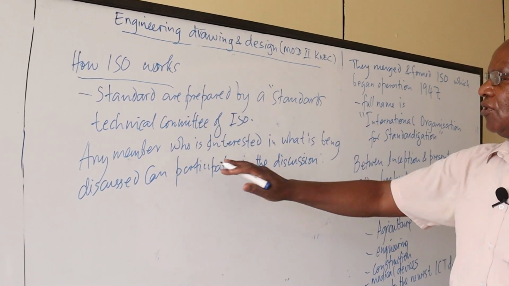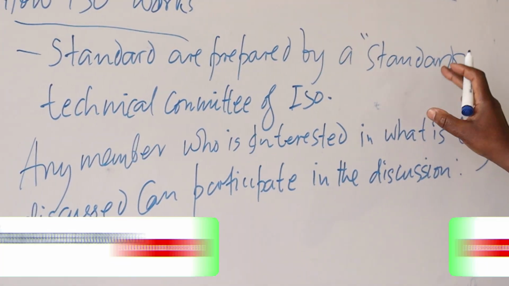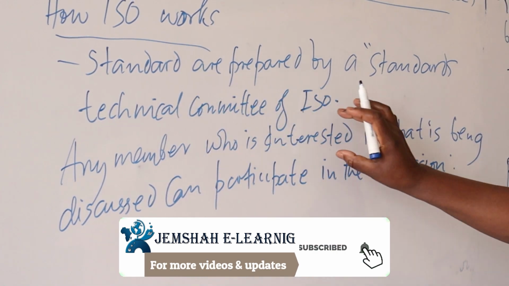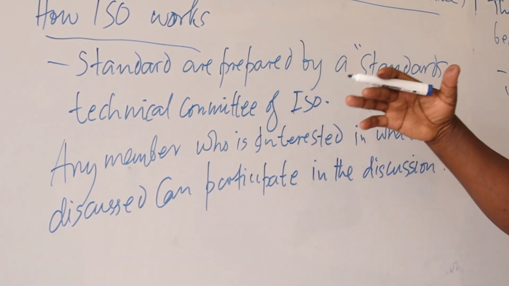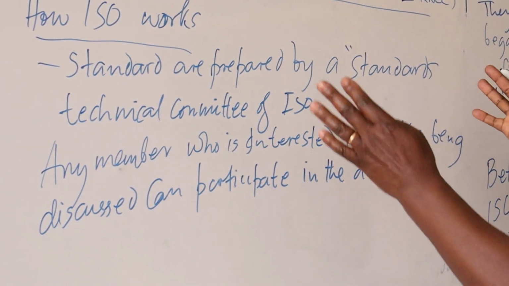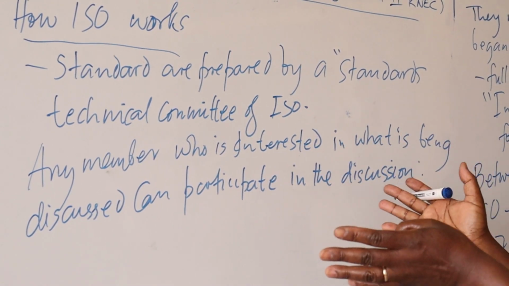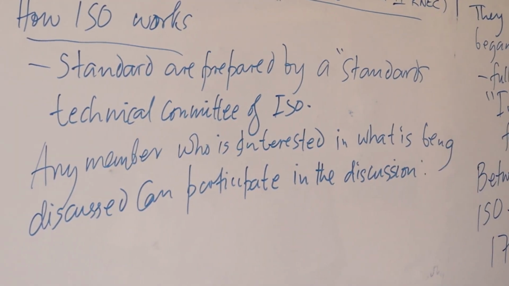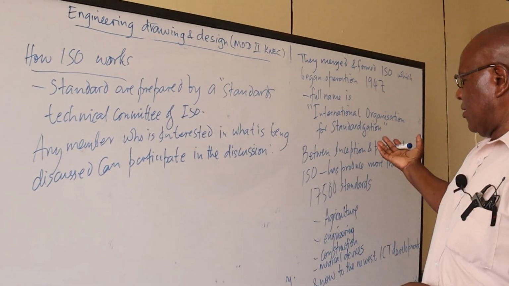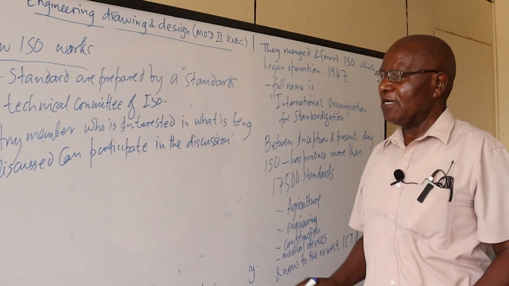Now, those members who are interested, they are allowed to come in for the discussion. And again, this committee is normally prepared if a member has got an issue that they want to get a standard for, they refer it to ISO, and then a committee is formed to look into that matter. And then all these other guys, the ones who are interested, they come in and discuss. And then, of course, after standards come out, the subscriber correspondent bodies will be formed, and then they can participate.